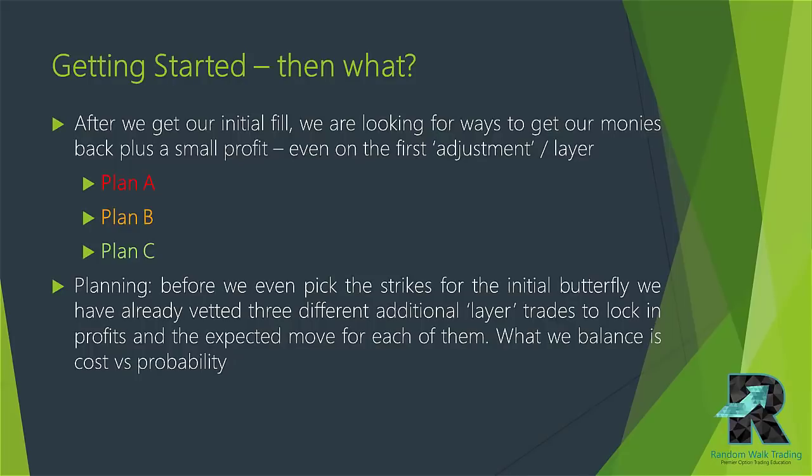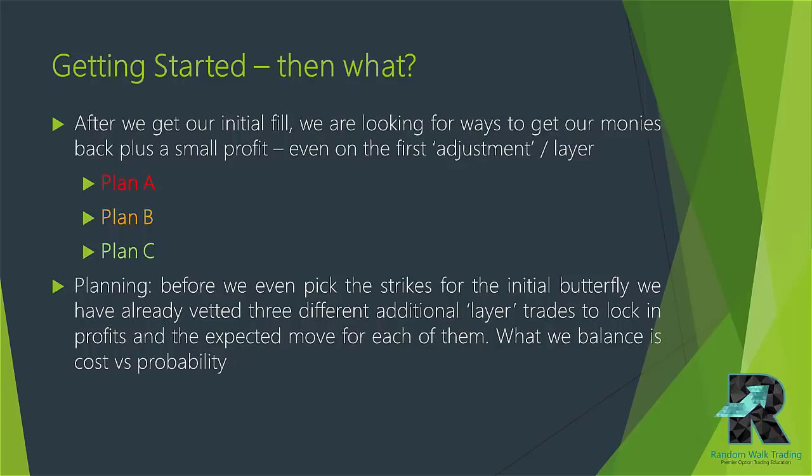And now I've got an initial credit on, so your P&L is essentially above zero, whatever the credit is above your initial debit. So again, if I pay $1 and I collect $1.50, I get 50 cents kind of locked in per contract. And then once we play with which butterfly we want, and look at our plan B, plan C's, which are just again the simple verticals, another butterfly, again, we'll look at it here in a second.